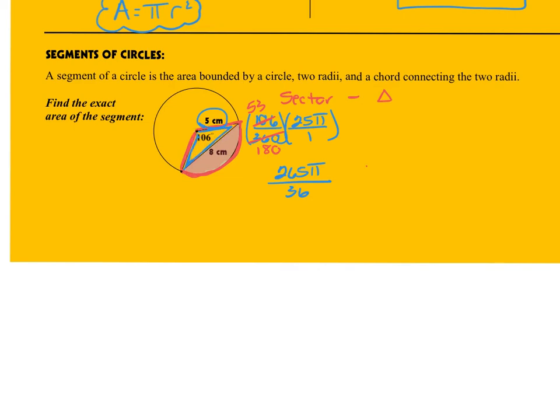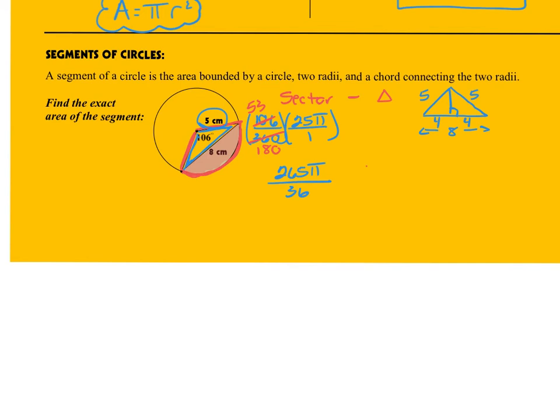Now, the triangle is what I really wanted to draw your attention to here, because this triangle takes us back to the Pythagorean theorem work we were doing earlier. This triangle right here, we're going to draw it out separately. All the radii in a circle are the same, so I've got a 5 and a 5, and this side of the triangle is an 8. So notice we're back to that nice isosceles triangle. We're going to draw in the height. We're going to label this little piece as 4 and 4.